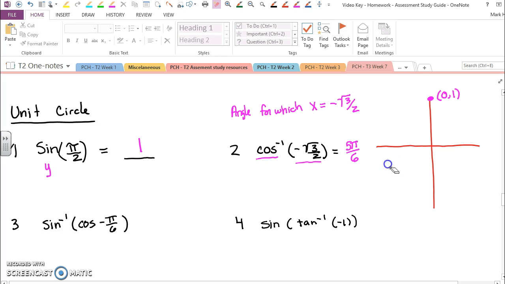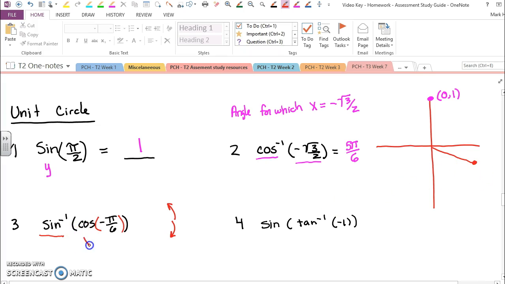Now as we move further to the third problem, you're asking for the inverse sine of something. Well, first, we always work from the inside of the parentheses out, so we want the cosine of negative pi over 6. Well, a negative angle just means we go clockwise instead of counterclockwise, and I'm going to go pi over 6 in rotation, so that would put me right here.